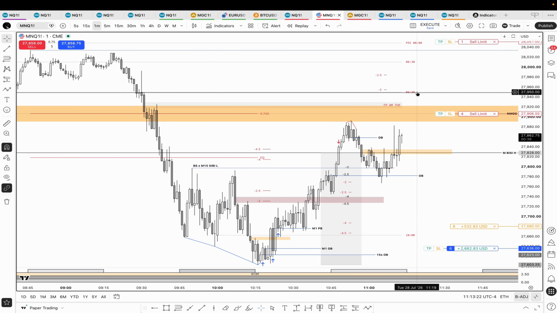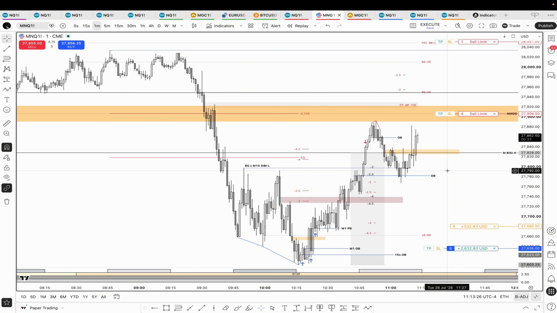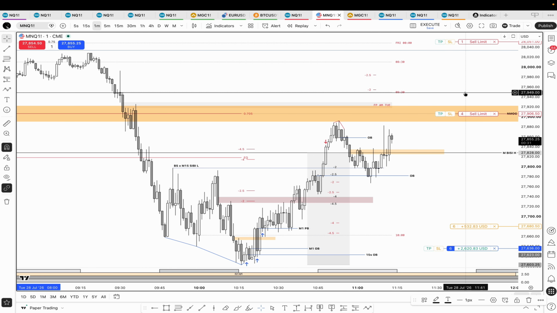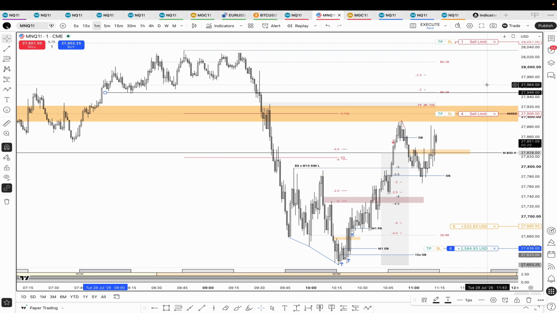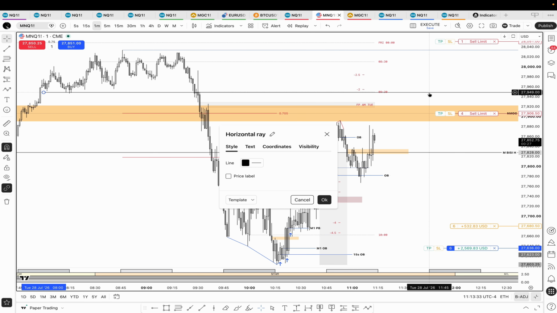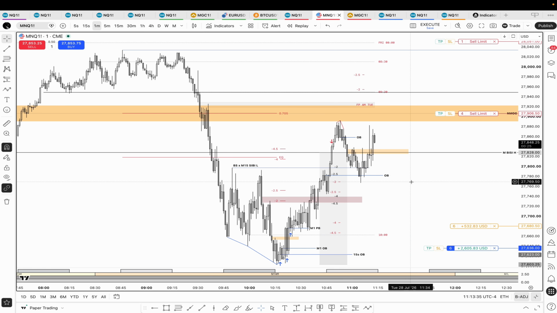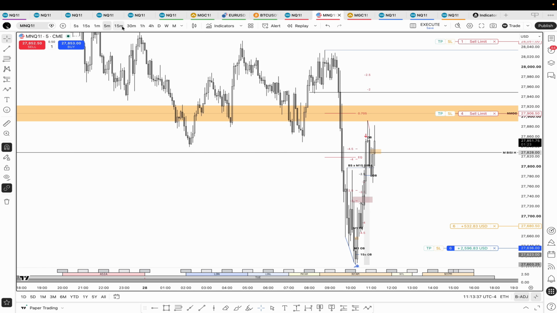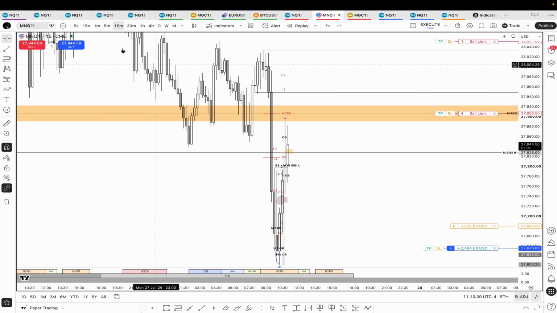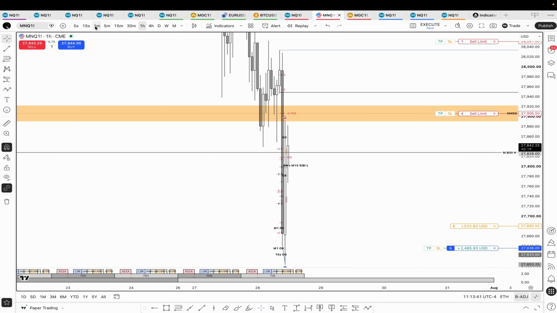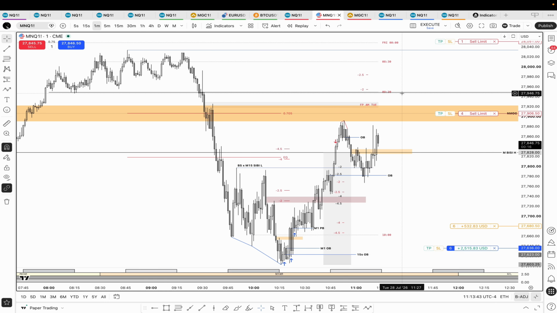Yeah, so we have just the projection just above that 9:30 opening. And I'm low-key wondering what this black line here is as well. May have drawn it by accident, honestly have no clue.